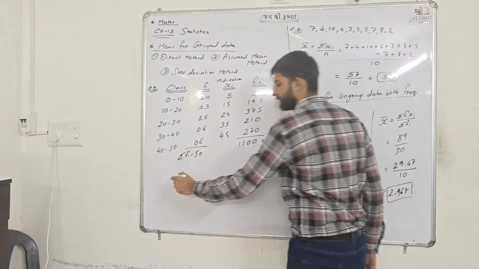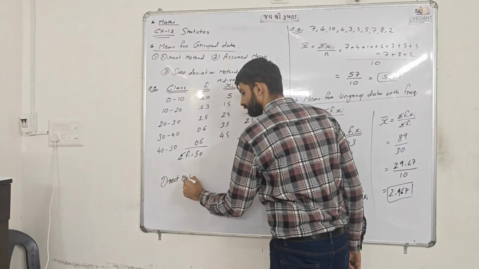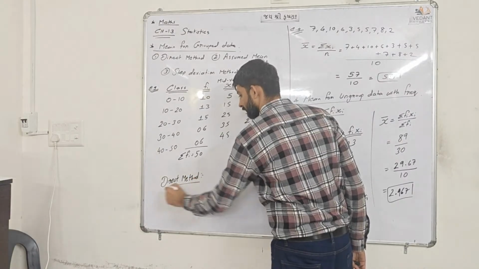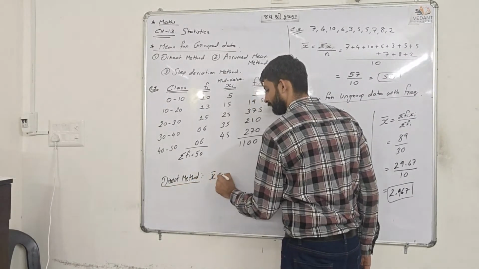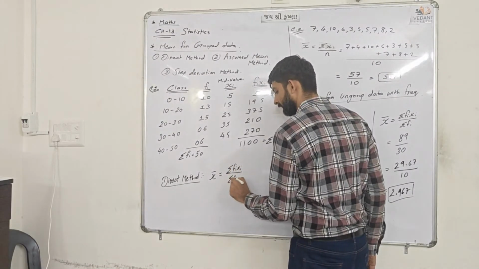Now by direct method, x bar is equal to sigma fi xi upon sigma fi.